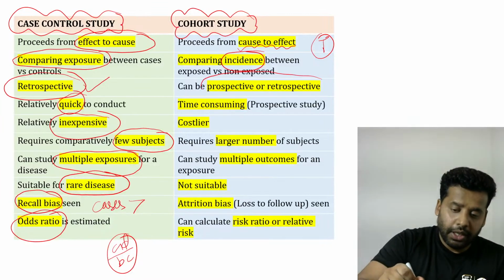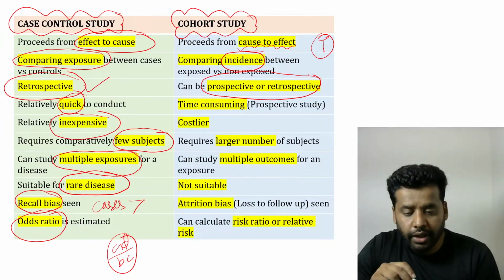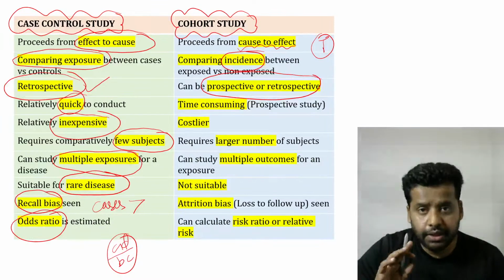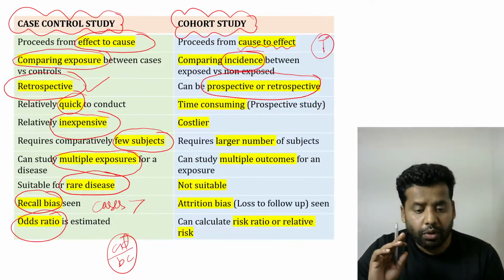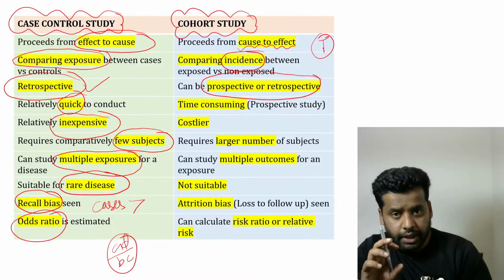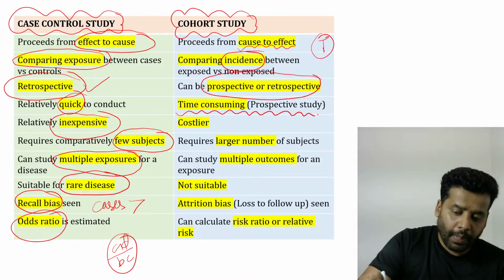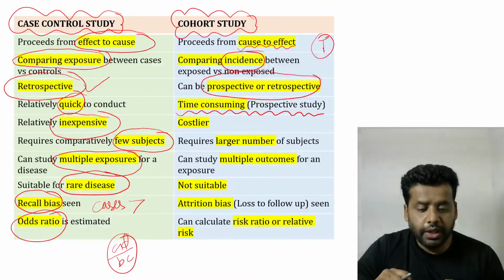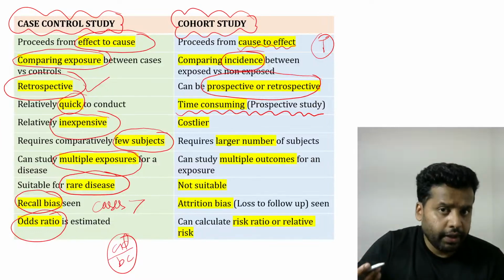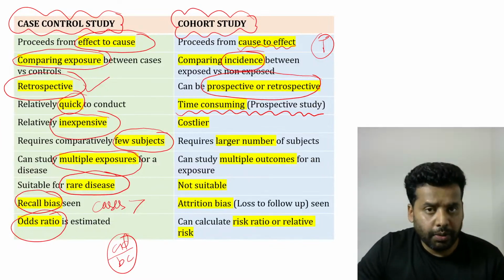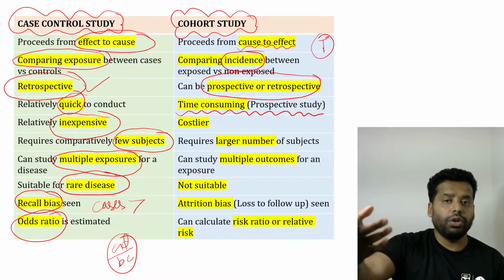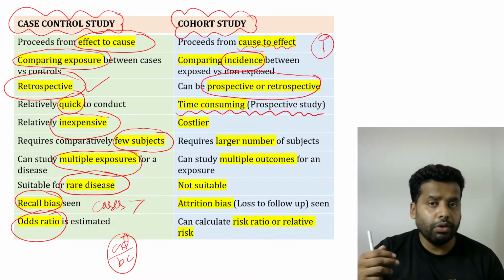The study can be done either in a prospective way or retrospective way. Keep this in mind. Prospective study will take some time. It is a time-consuming study. In a concurrent cohort study, you have to stay with the groups, exposed, non-exposed. You have to do follow-up.